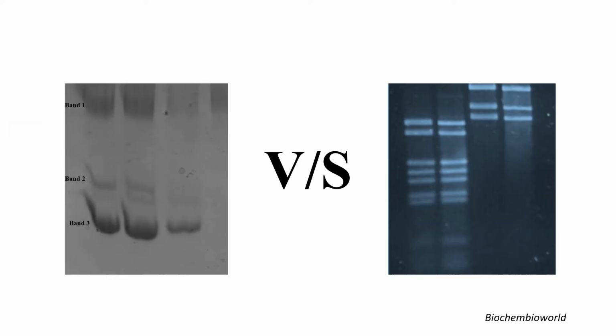This is a diagram to show you the end results of the continuous gel system on your left versus the discontinuous gel system on your right. As I have already told you, when we use a continuous gel system to separate a mixture, it results in poorly resolved and diffused bands.